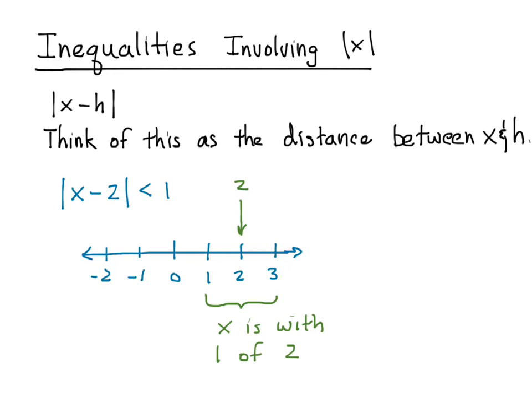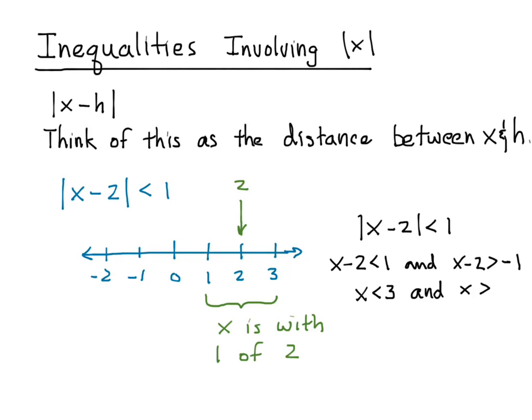And so here we have the set of numbers that are between 1 and 3. We solve this as an and, because both of these inequalities have to work out. So when we solve it, we see x is between 1 and 3. Whenever you have a less than sign, it's always an and.